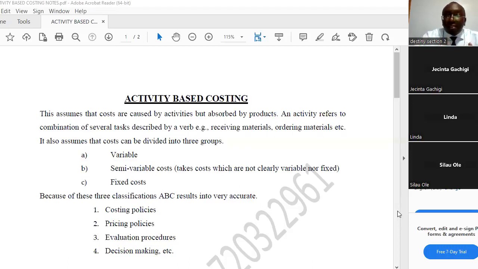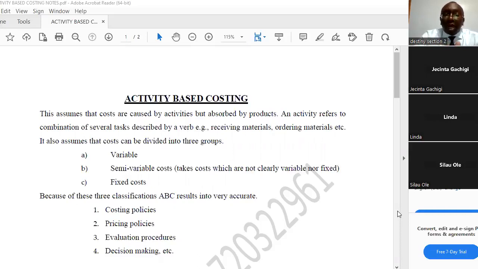What we mean by that is that if you look at the traditional methods of marginal costing and absorption costing, they believe that products are the ones that make the cost to be there. Like now in Destiny College, you happen to be our product. So we can say that you are the ones who are responsible for the costs that are incurred by the college. That is according to marginal and absorption costing.